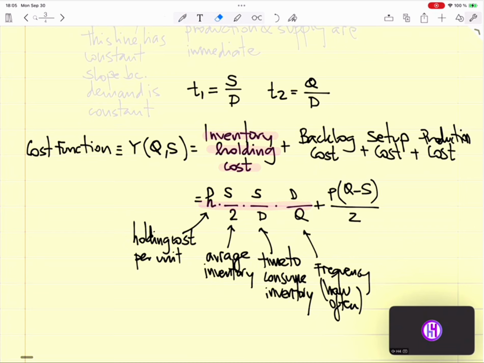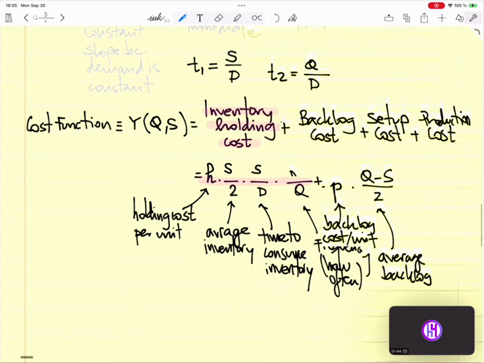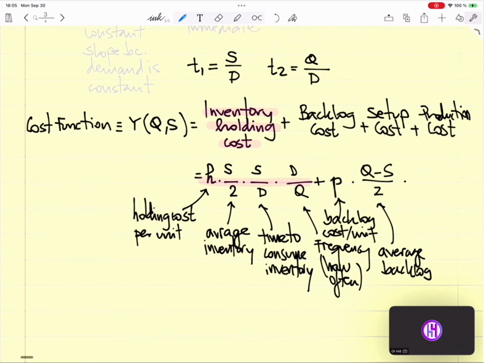Or let me put it in a different way. P, which we said was the backlog cost per unit, times (Q minus S) divided by 2, which is the average backlog, times how often, the frequency.